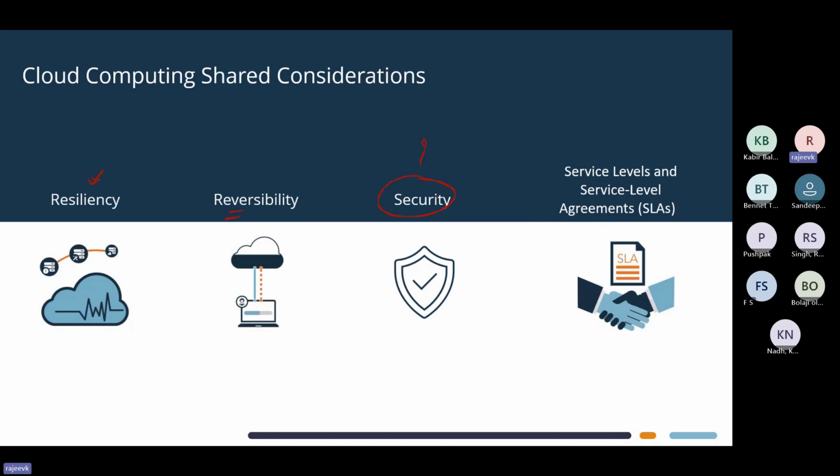Overall, these are all the different shared considerations we have as a consumer and as a provider. We have to think about how exactly we are tackling these issues. As a customer, when you're moving into the cloud, these are some of the main consideration points you have to take out. But definitely, as per your business requirement, you may have to look for other considerations as well.